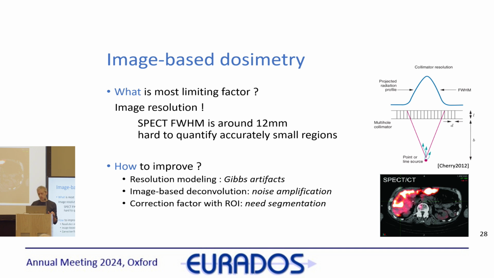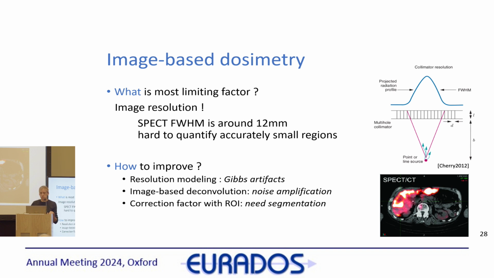We can try image-based deconvolution, but it has been shown to increase the noise, so it's usually not used in clinical practice. If you have an idea of your region of interest, you can apply a correction factor for every region based on the volume or shape, but for that you need segmentation. It's not always feasible for lesions, for example.